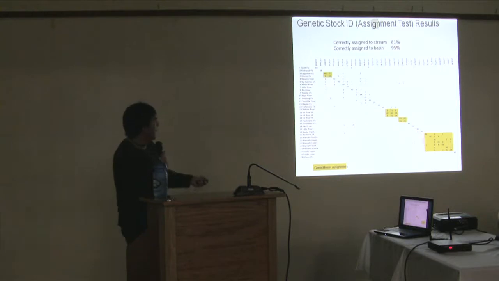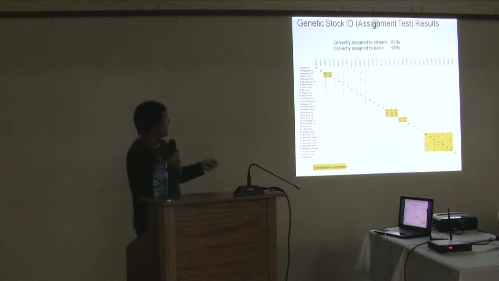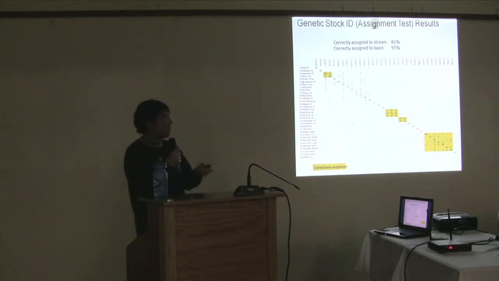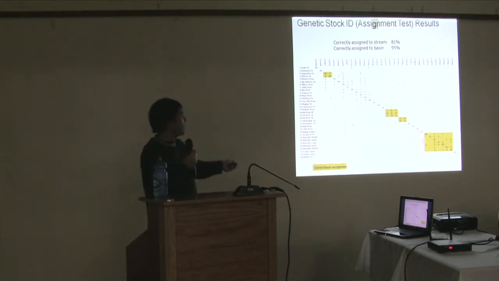And again, this is reflected in this table here. This table is the result of genetic stock identification, or what we have called assignment tests in the past. It's the evaluation of the genotype of an individual fish, one by one, in a maximum likelihood calculation, asking the question, what is the most likely population of origin of each individual fish?